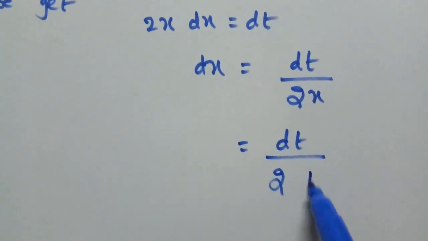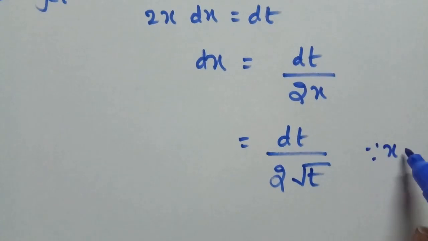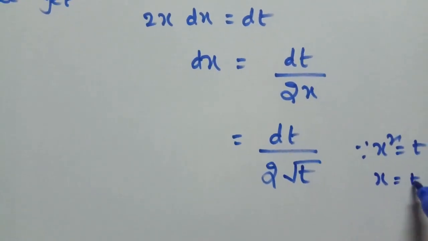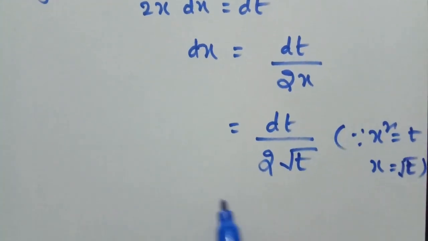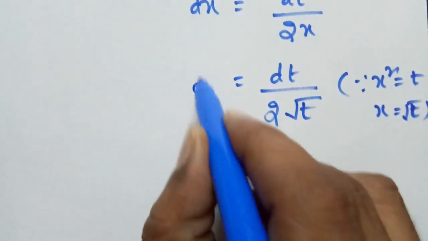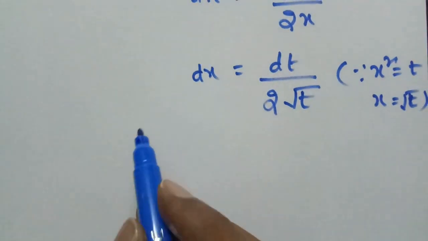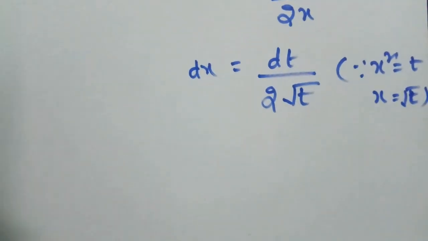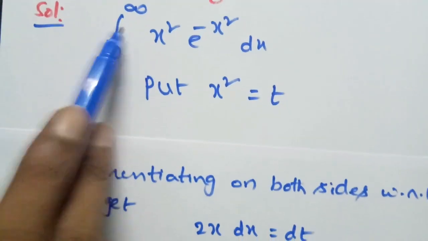This is the reason. Therefore, dx is dt by 2 into square root of t. We are completely changing the entire integration in terms of t. Therefore, what about the limits? Here the x limits are lower limit 0 and upper limit infinity.